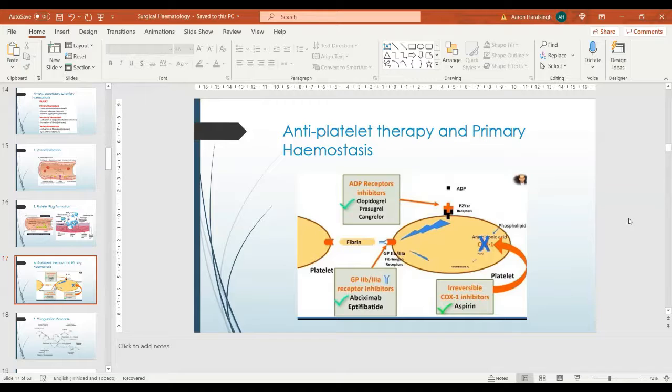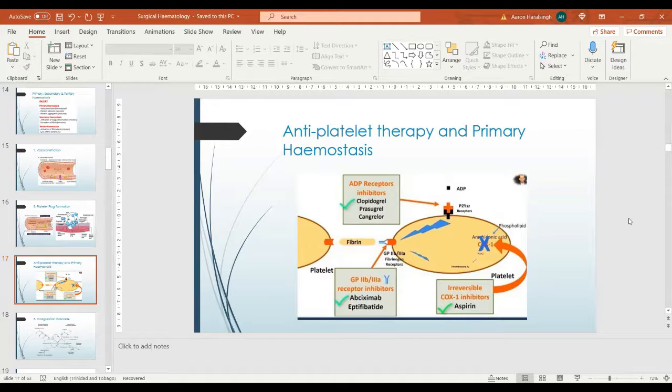And then in the cytoplasm, we have alpha granules and dense granules, as we've mentioned before. And it also contains actin and myosin fibers. And those actin and myosin fibers contract and actually help to change the shape of the platelet, which is important in the activation phase of the platelet plug formation.